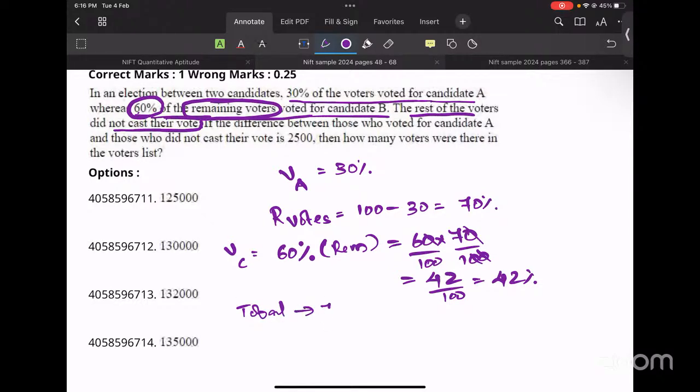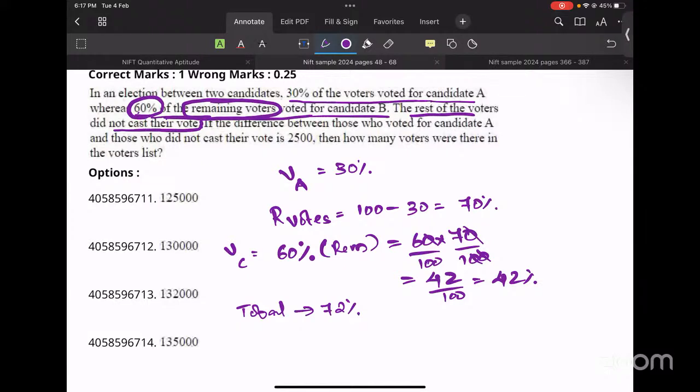Total now 72%. So we are just writing what is given in the question. The rest did not cast votes.